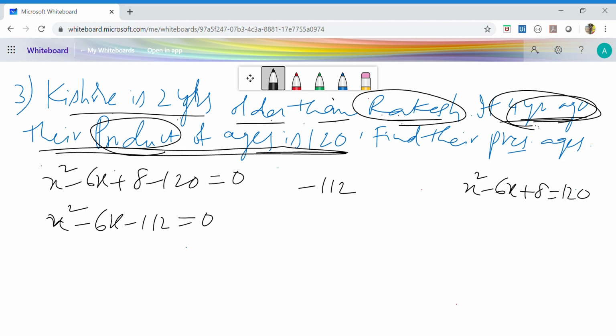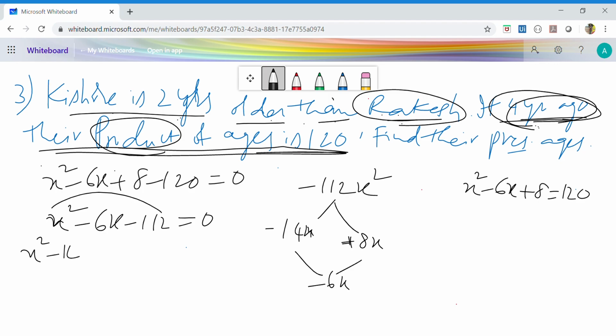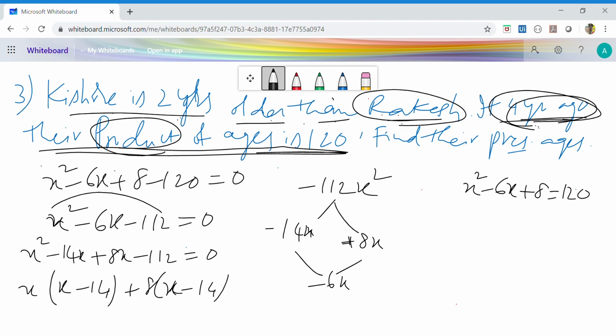For minus 112, multiply the first and last terms; the factors are 14 and 8. Which 14 you have to take? Minus 14x and plus 8x. Then the sum becomes minus 6x and the product becomes minus 112x square. So replace with x square minus 14x plus 8x minus 112 is equal to 0. Taking x common, x minus 14, plus 8 common, x minus 14 is equal to 0.